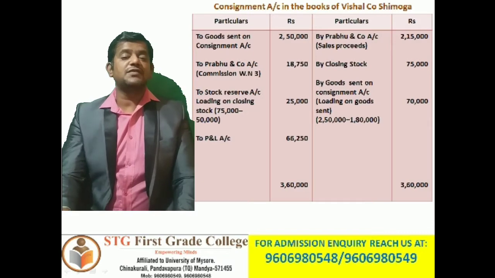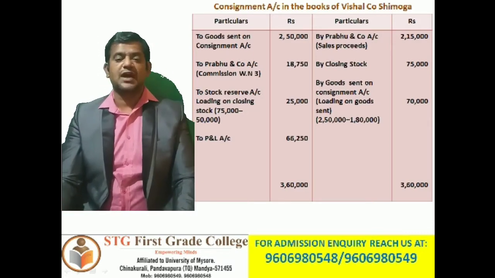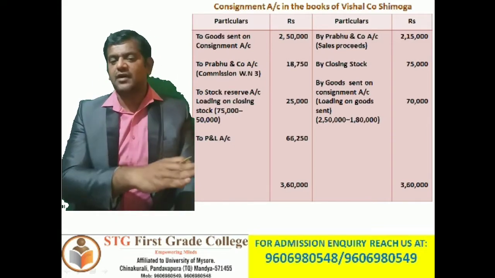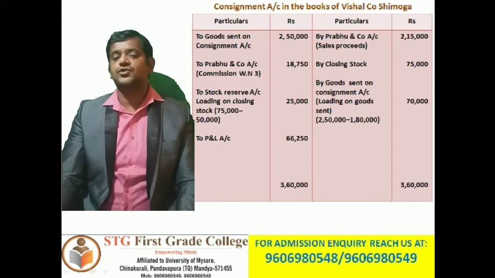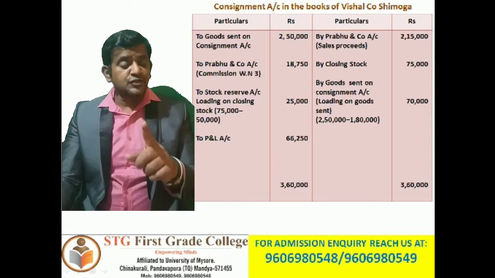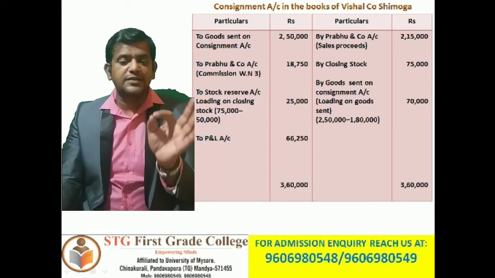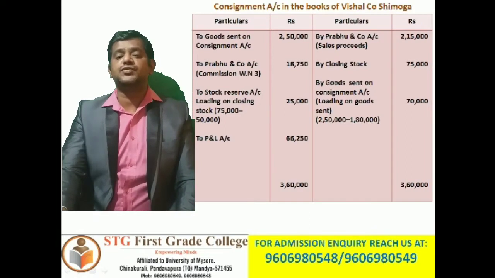That is also given directly in the problem, so you need not do any calculation for that. After that he says the unsold goods with Prabhu and Company were of invoice price rupees 75,000. Unsold goods means what?